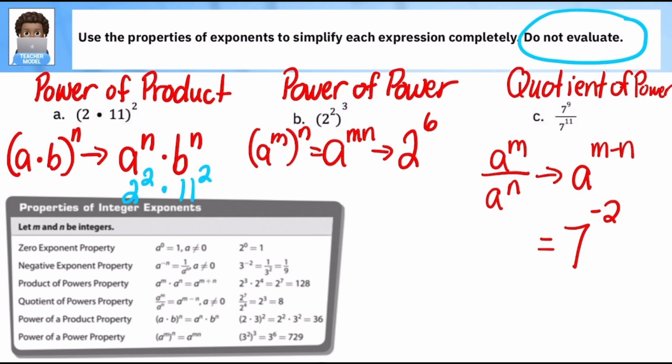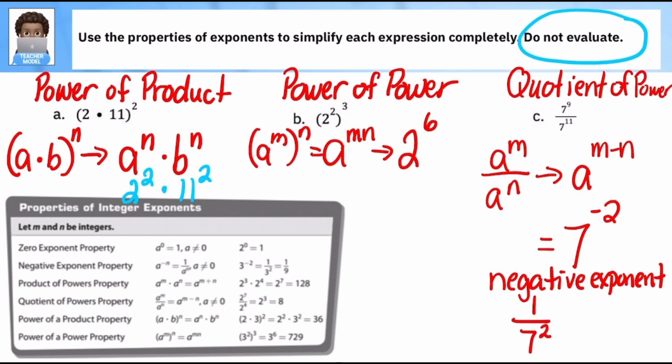And then what would happen here? I would have a negative exponent. And for that one, again, it means I would turn to a fraction, 1 over 7 to the second power.